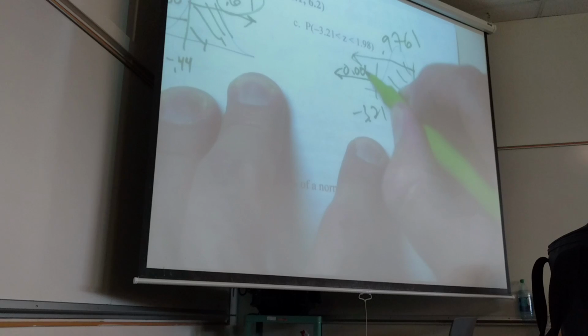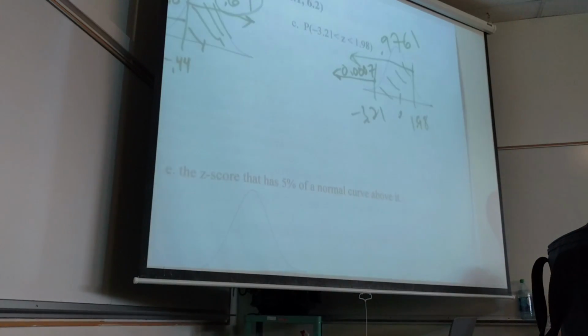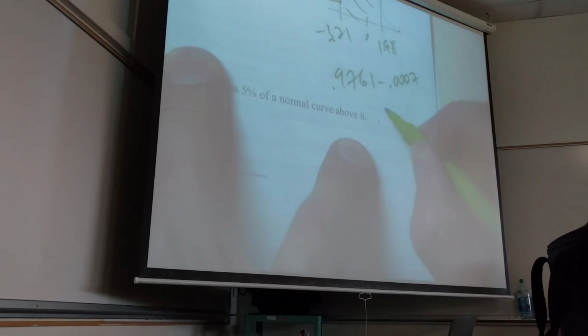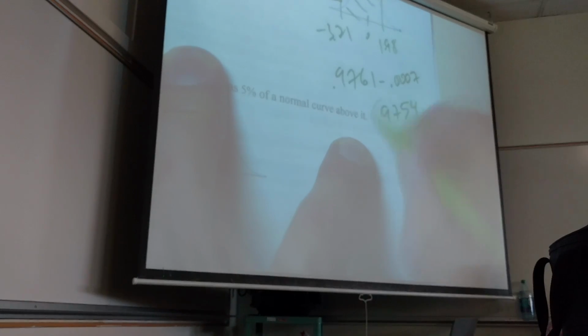So that's our area to remove. And then what's the answer? You take 0.9761 minus 0.0007, and then you get 0.9754.